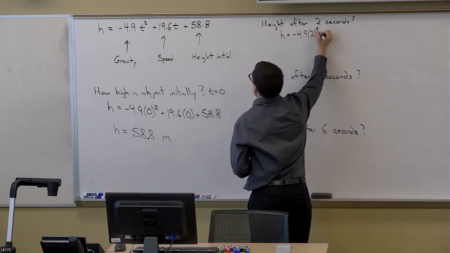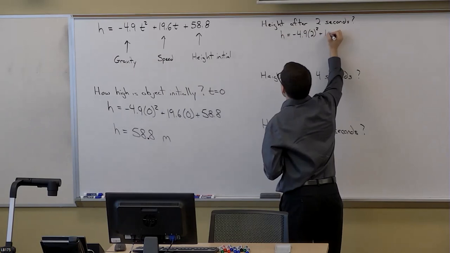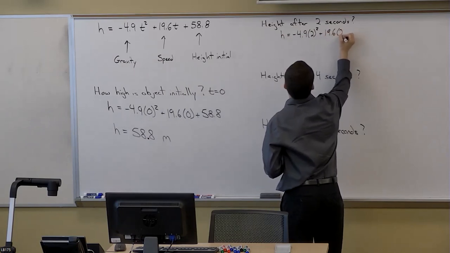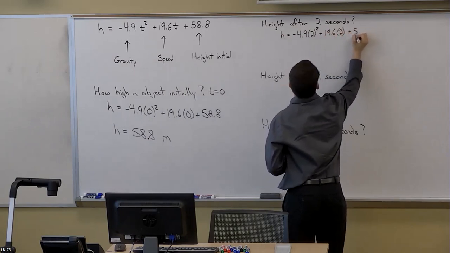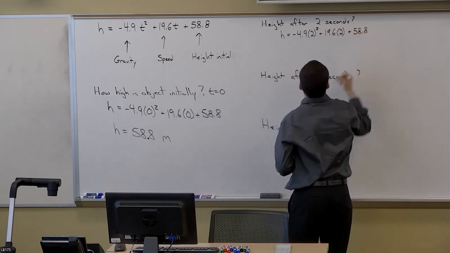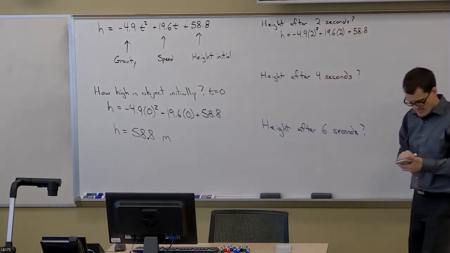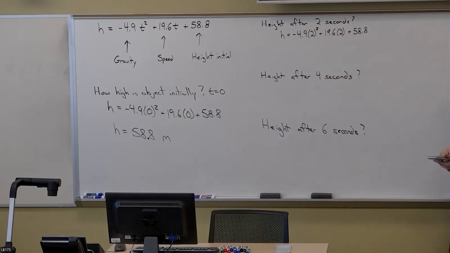And for the t value, say negative 4.9 times 2 squared plus 19.6 times 2 plus 58.8.